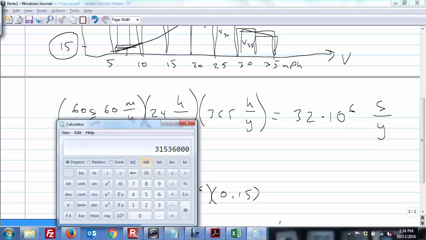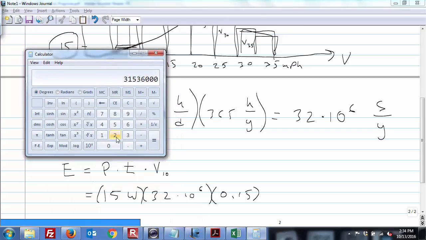Okay, so that's the number of seconds per year times 0.15, because only 15% of the time is the wind blowing that hard, times 15 watts equals 71 megajoules.